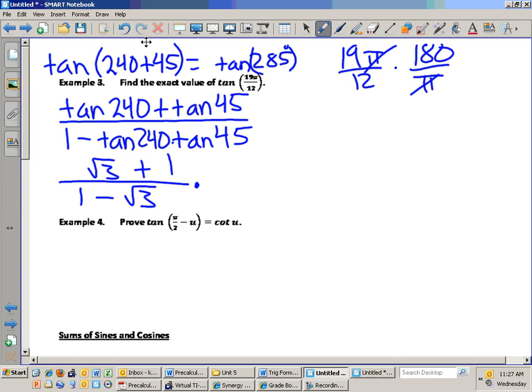Multiply it by 1 plus the square root of 3, the conjugate of the bottom. If you simply multiply by the square root of 3, you're going to get the square root of 3 minus 3, and that doesn't get rid of the radical. So we multiply by the conjugate, 1 plus the square root of 3 over 1 plus the square root of 3.